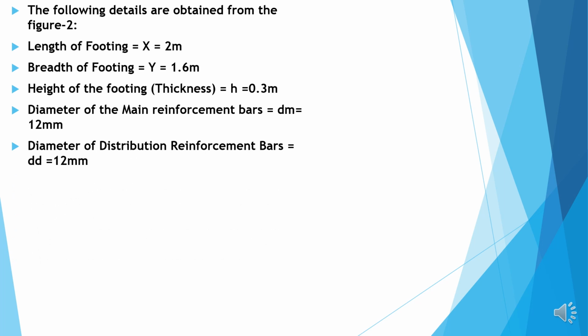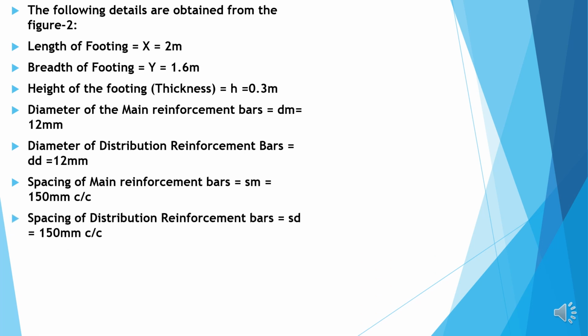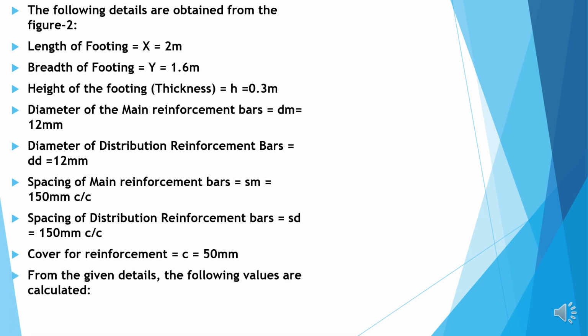Diameter of the distribution bars, DD, is 12 mm. Spacing of the main reinforcement bars, SM, is 150 mm center to center. Spacing of the distribution reinforcement bars, SD, again 150 mm center to center. Cover for reinforcement, C, is equal to 50 mm.